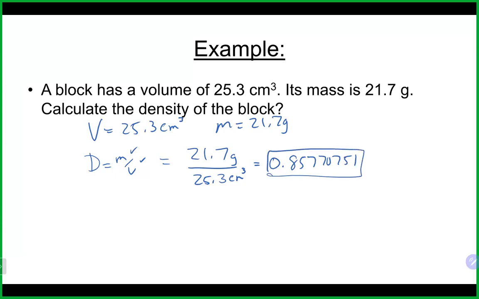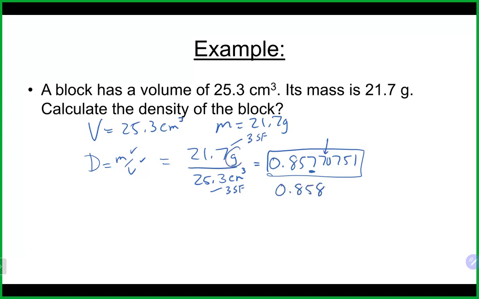And obviously here we want to think about significant figures. In this case, we're dividing, so we look at sig figs. Both numbers have 3 sig figs, so we look at the next digit and round up, which gets us 0.858.